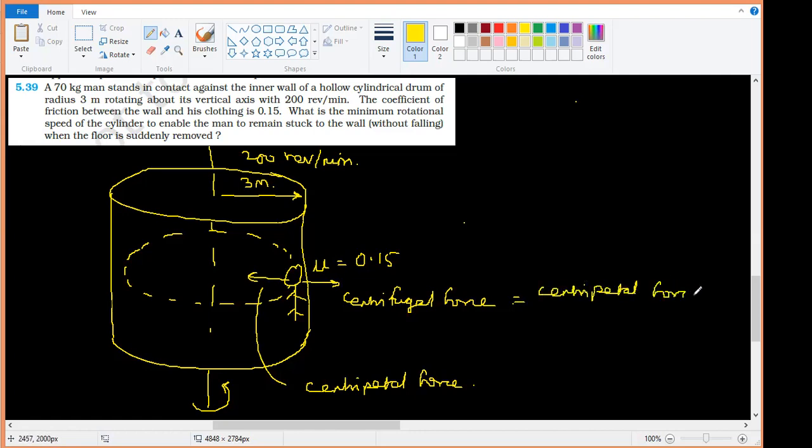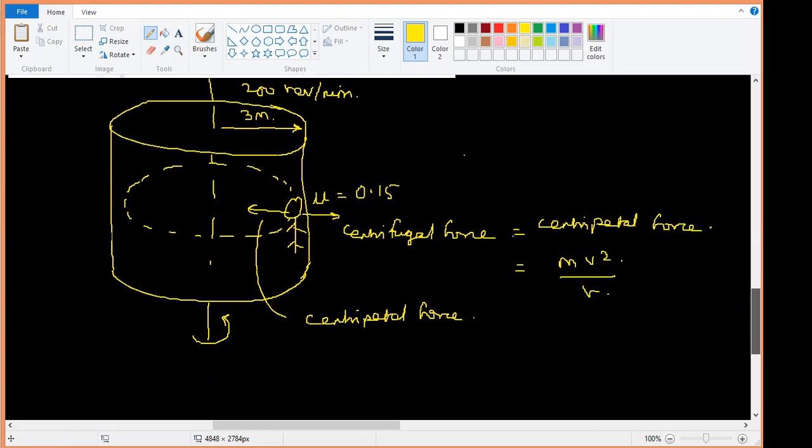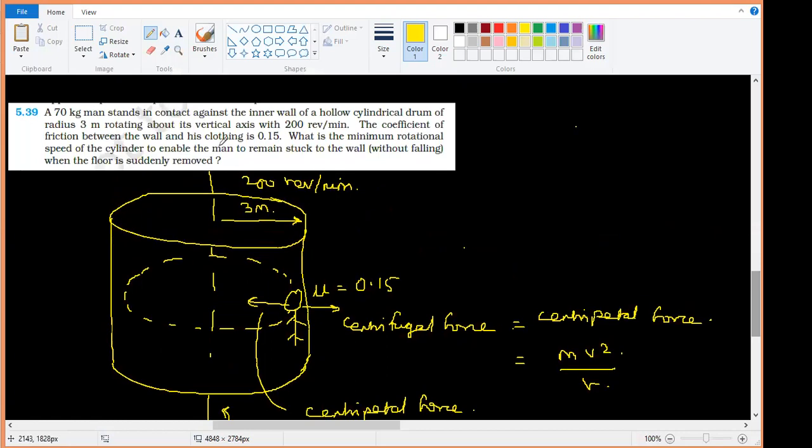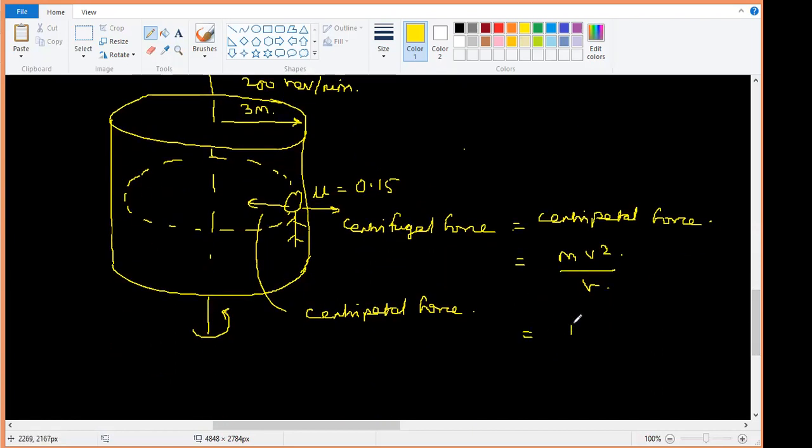So this is the type of question where you were asking if there was some theme park ride where it rotates and you get in the air, right? Yeah, even if the floor is removed, you will still be sticking inside here. So that's the question here. Read the question. What is the minimum speed so that this guy will be sticking here? 70 kg man, so that means it is m r omega square.